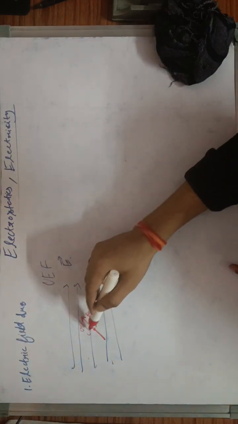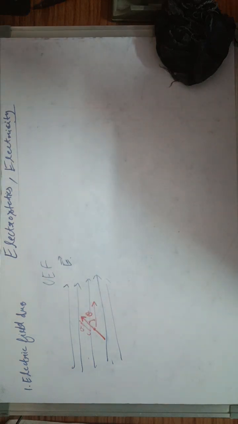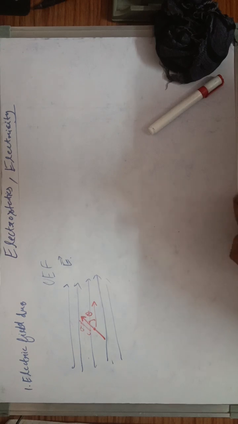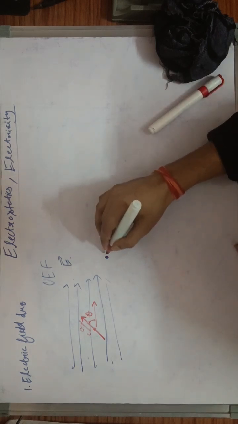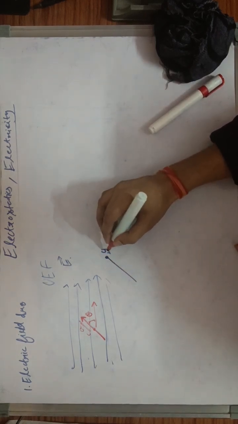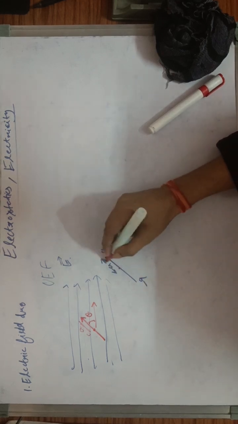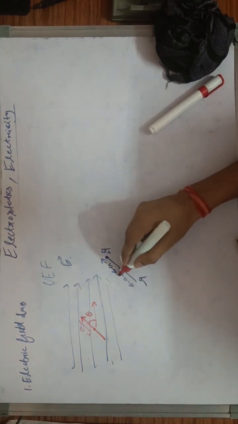This is the smaller angle between them, and in this case we have, let's say, a charge plus q here, and there is a minus q charge here. This is the center, this is the length A here, similarly length A here.